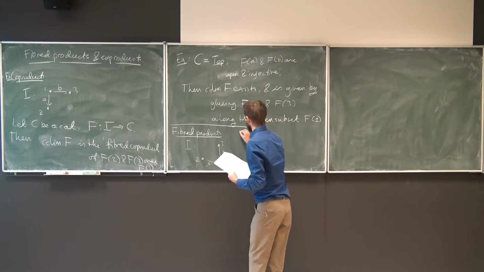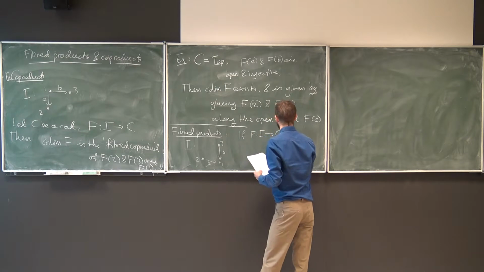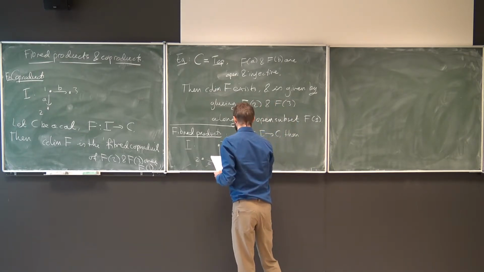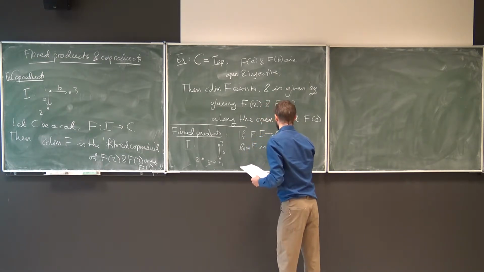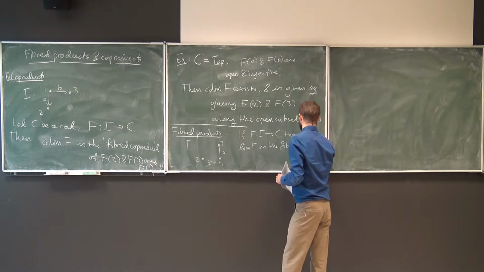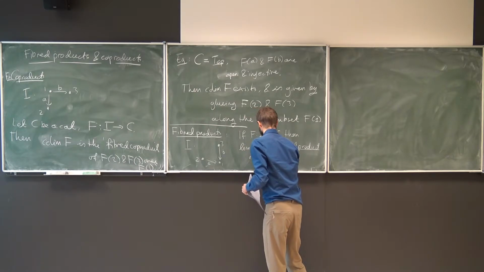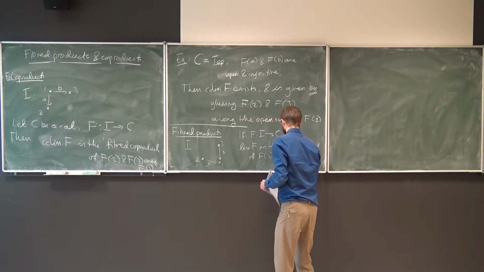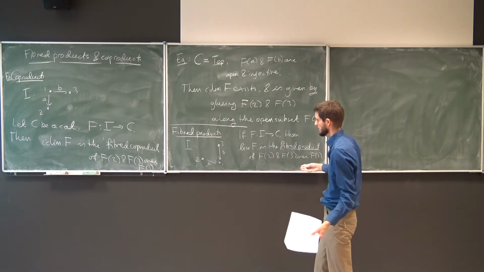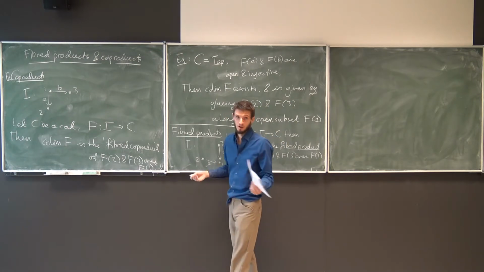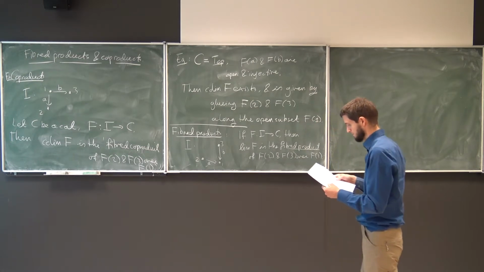Now if F from I to C is a diagram of shape I, then the limit is called the fiber product of F of 2 and F of 3 over F of 1. Again, this terminology is not precise enough because it doesn't specify what the maps are. Sometimes there's an obvious choice of map and that doesn't matter too much. Other times this is a wonderful source of confusion.